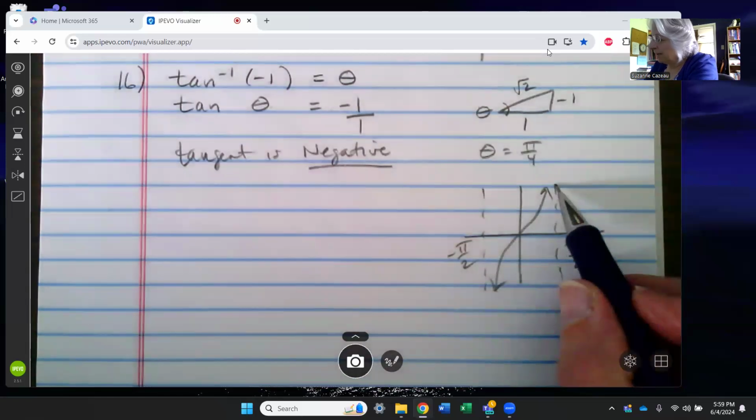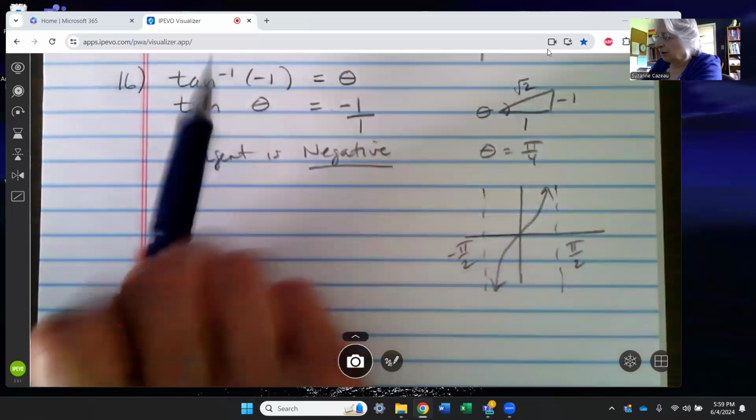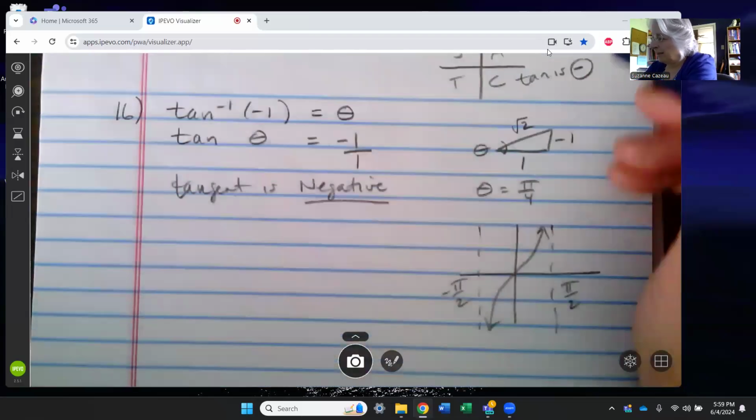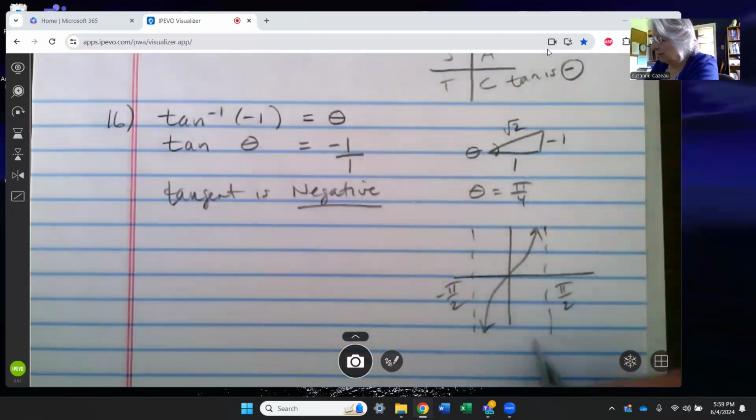But because of the nature of the inverse function, it's only defined in quadrants 1 and 4.